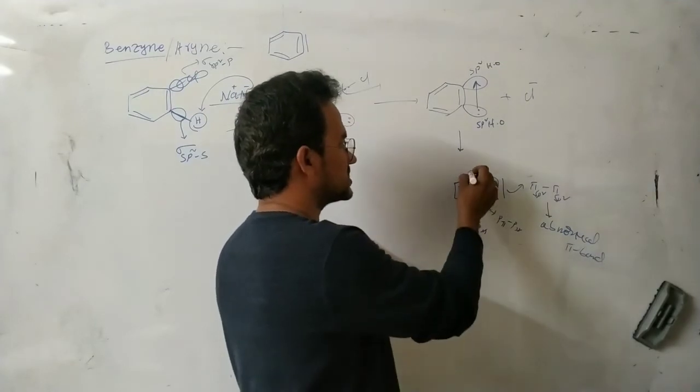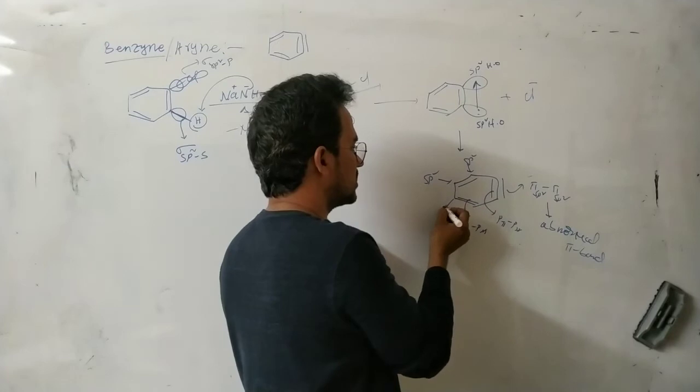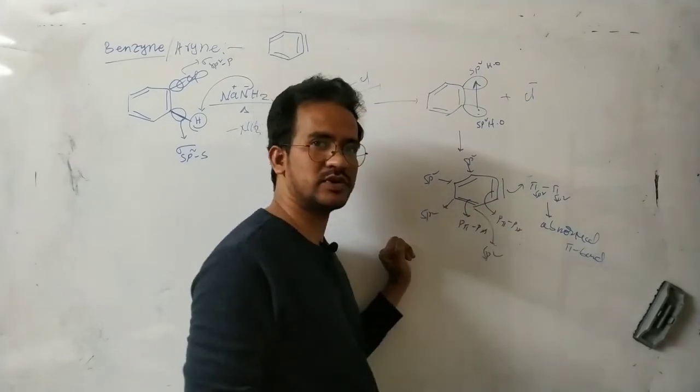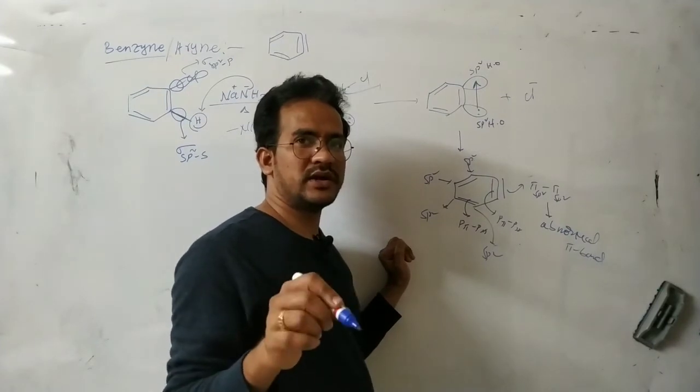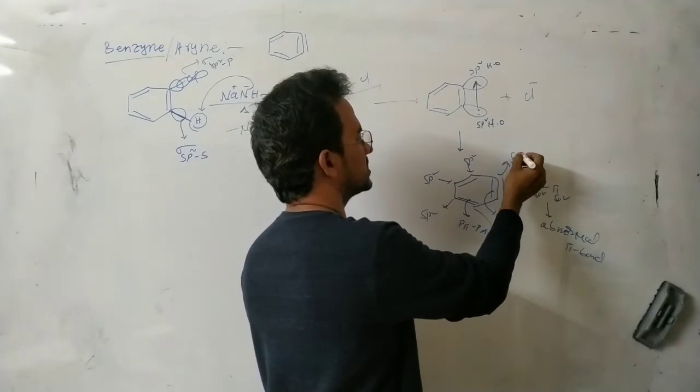Now here its hybridization is sp2. Generally a triple bond carbon is sp hybridized, but in this case its hybridization is sp2.